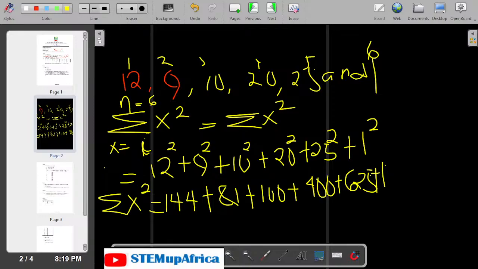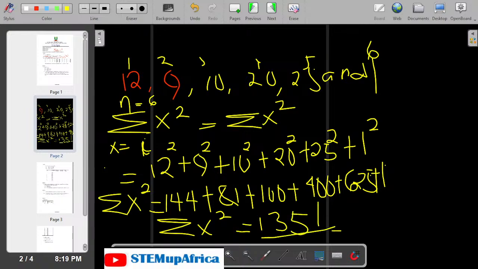So all you need to do is add up: 144 plus 81 plus 100 plus 400 plus 625 plus 1. My summation x squared gives me 1351. This is what the question is asking: nothing more than the sum of the squares. You square each number and add all of them together.